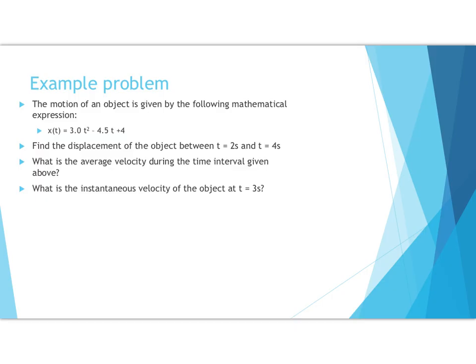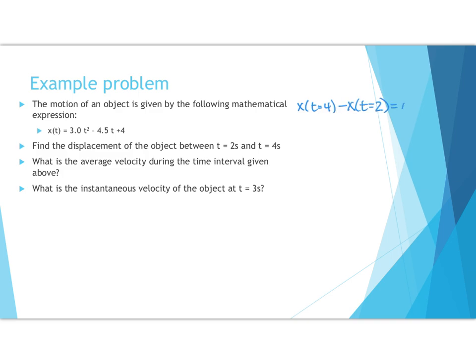Now we're going to get a chance to do a little bit of math. This is really similar to the problem that I did in class, except that it's a different expression. So hopefully that example from class would help you. As we find displacement and average velocities, we're going to put values in for time.